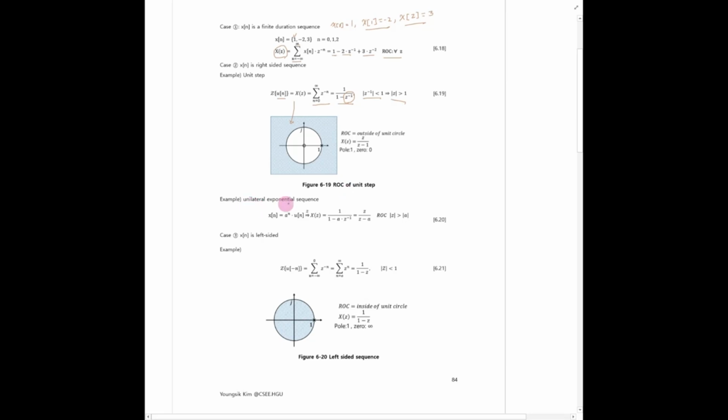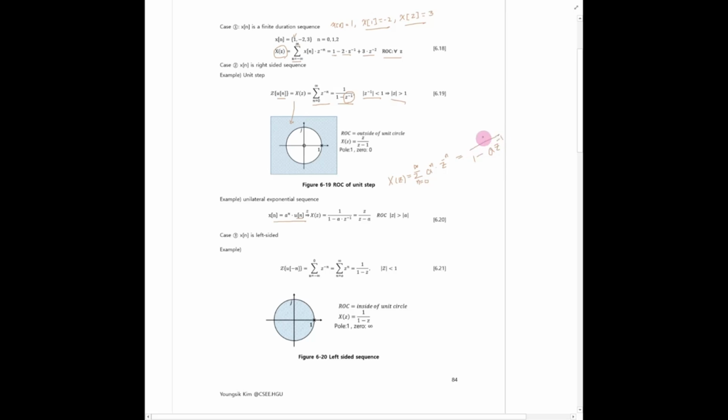What about the unilateral exponential sequence? Here is an exponential sequence, and we can take the G transform by this summation. X(g) is a summation, and because of the unit step, n starts from 0 to infinity. It's a right-sided signal, a to the n times g to the minus n. This can be understood in this way: 1 over 1 minus a g to the minus 1.